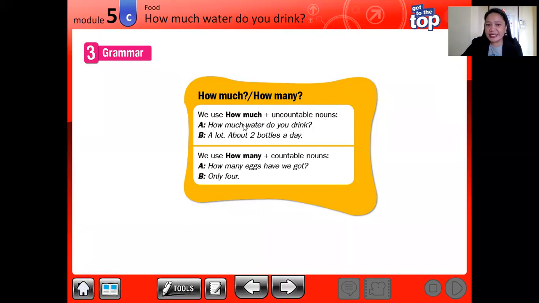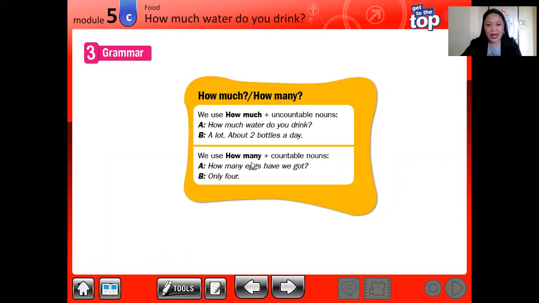Water is an uncountable noun. And the answer is a lot, about 2 bottles a day. So we can count by using this phrase, bottles. Okay? Next, that is for our how much.